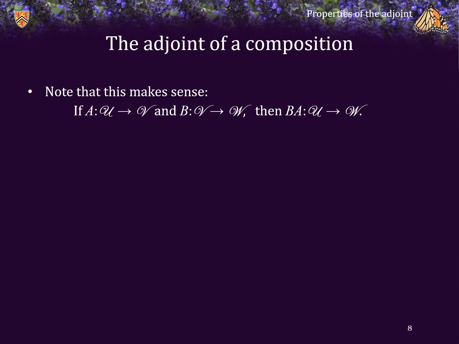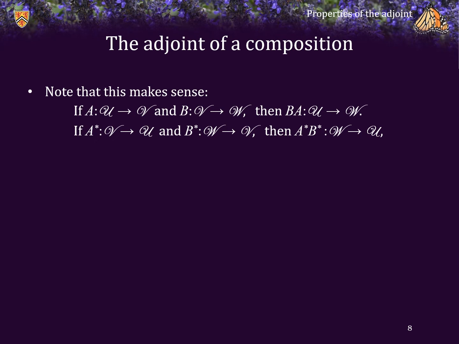Note that this makes sense. After all, if A maps U onto V and B maps V onto W, then B composed with A maps U onto W. However, recall that if A maps U onto V, then the adjoint maps V onto U. Same for B star.